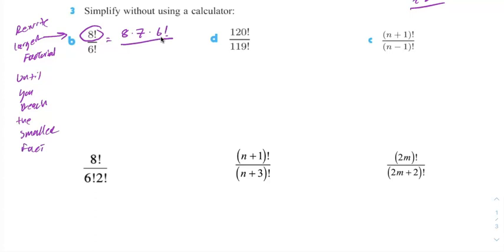So I'll stop there, and then I'll have a 6 factorial on the bottom. These two will cancel out, and I just get 8 times 7, which is 56. I hope. 8 times 7 is my worst multiplication.